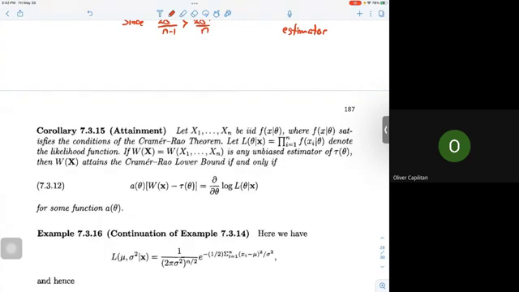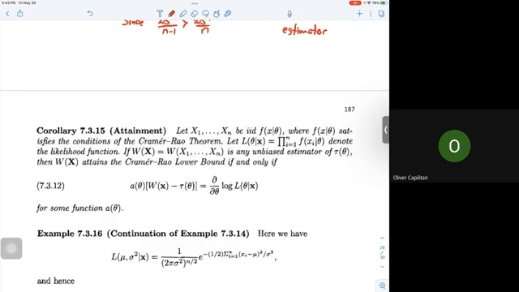If W of x, which is a function of our sample, is any unbiased estimator of the function of our parameter, tau of theta, then this estimator W of x attains the Cramer-Rao lower bound if and only if a of theta times the quantity W of x minus tau of theta is equal to the partial derivative of the log of the likelihood with respect to theta, for some function a of theta.